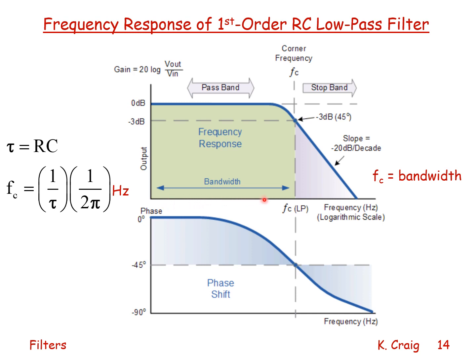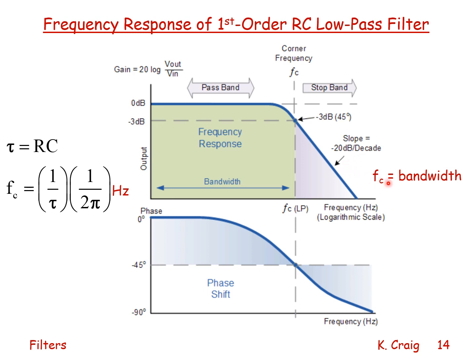Over a range of frequencies called the bandwidth, the amplitude ratio is almost 1, 0 dB. At higher frequencies beyond the bandwidth, the amplitude ratio drops off with a constant slope of minus 20 dB per decade, where a decade is a 10-to-1 frequency change.